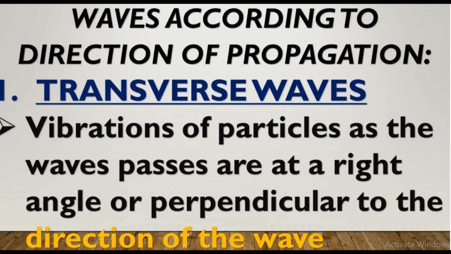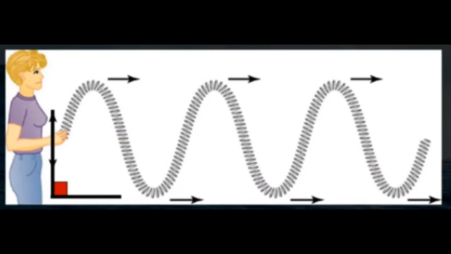Waves can be classified according to the direction of propagation. First, we have here transverse waves, wherein the vibrations of particles as the wave passes are at a right angle or perpendicular to the direction of the wave. For example, you are holding a spring at one end and moving it with your hand up and down.